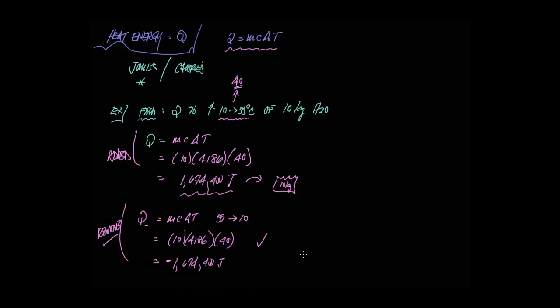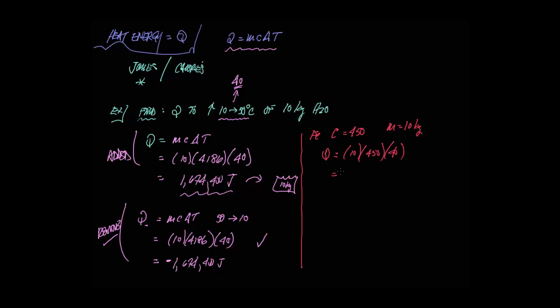Okay? Now let's just look at another material real quick here. What if we have iron, which I think off the top of my head, iron C value is around 450, and we did the same thing for the same amount of iron. So that's 10 kilograms. So that Q is going to be 10 kilograms times 450 times 40 degree change.